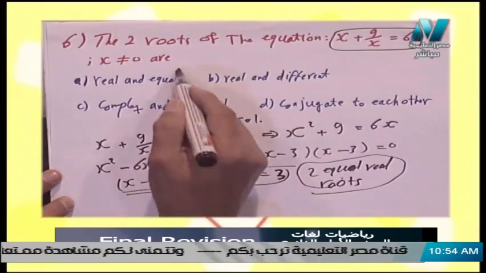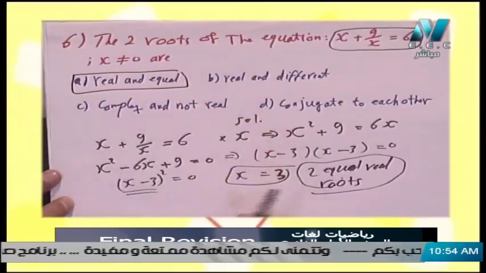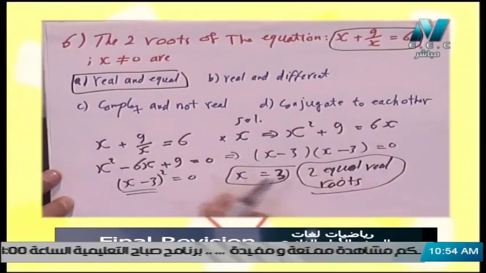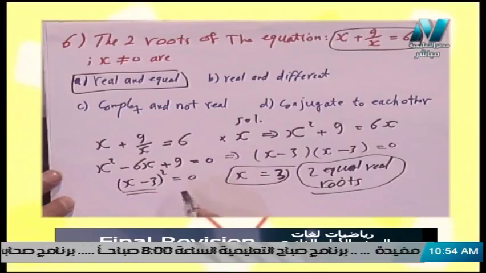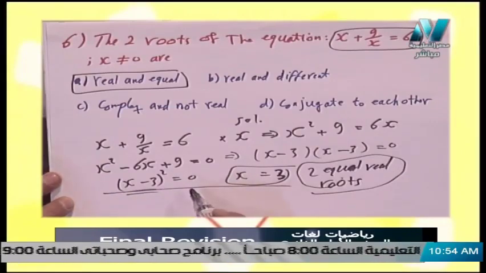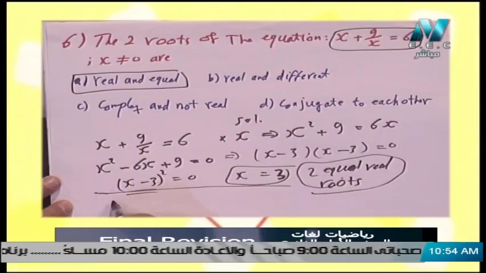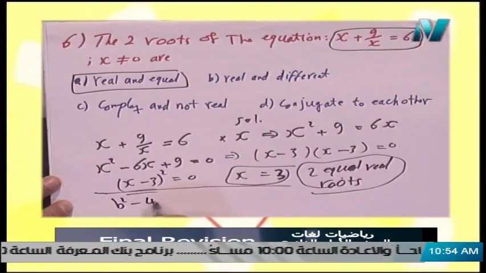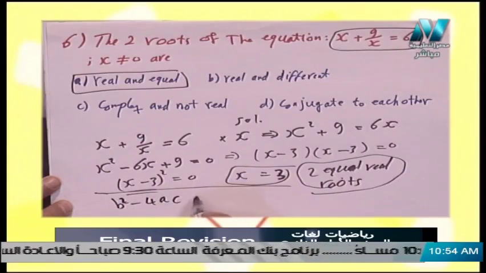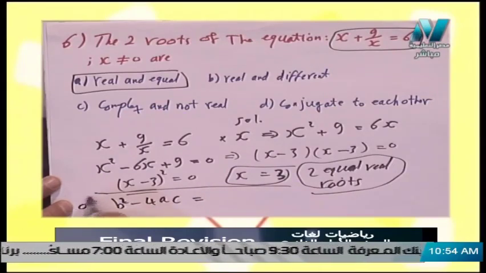Real and equal. We have now found out the two roots itself. But if we use another method by calculating discriminant, b power 2 minus 4ac, this is another method for you.